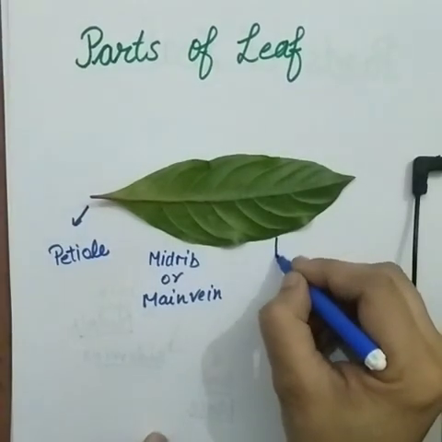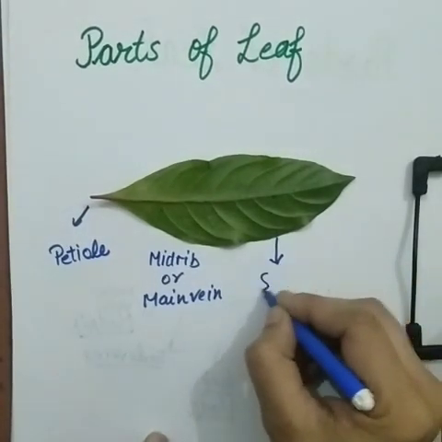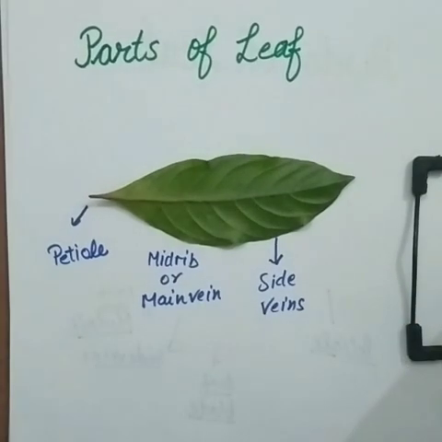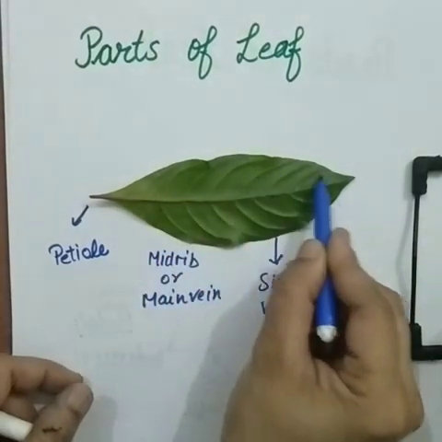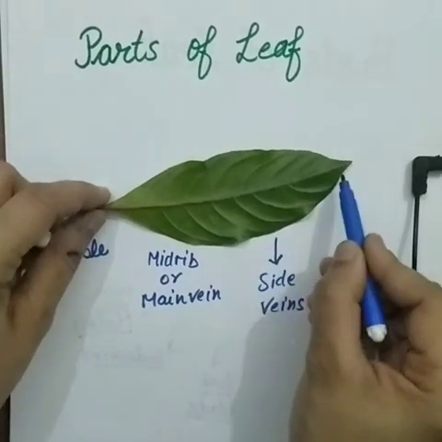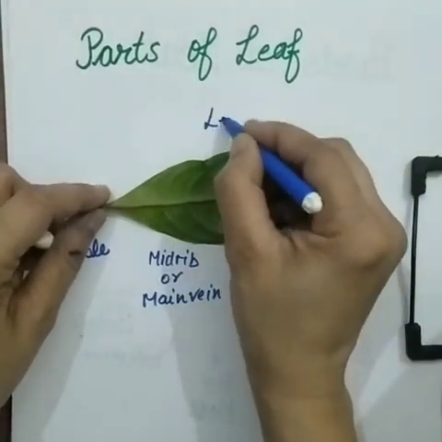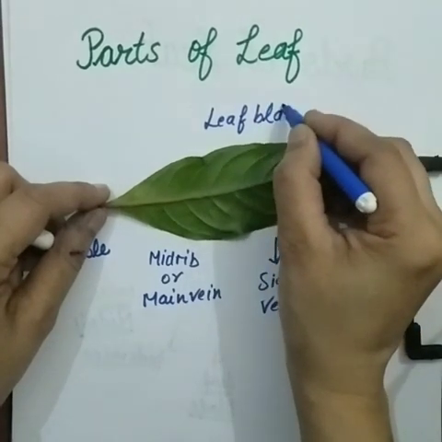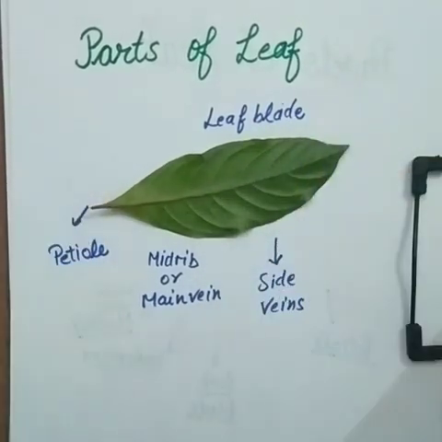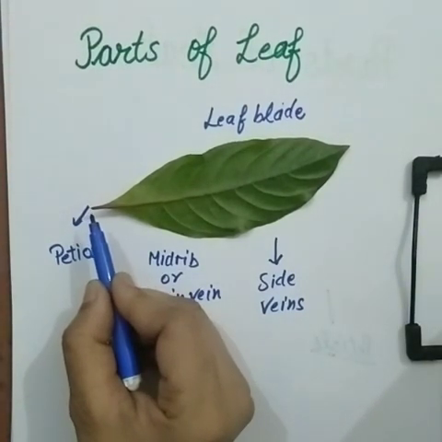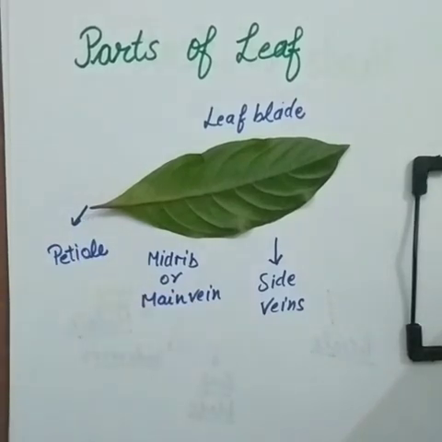These are called side veins or secondary veins. Now you can see the whole leaf. This is the flat part of leaf which is called leaf blade. What do we call it? Leaf blade.